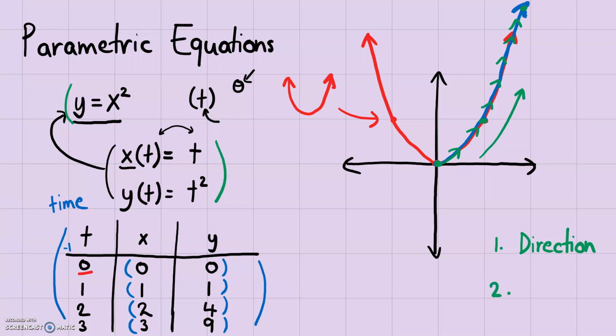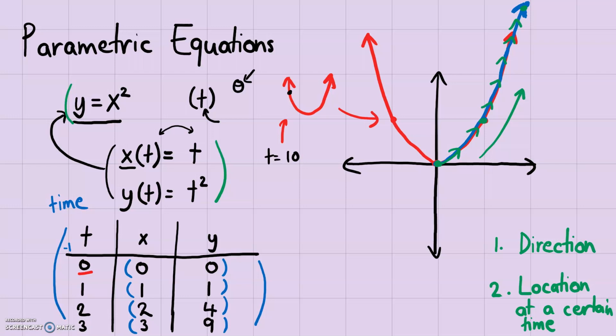And another thing that we can know with a parametric equation is the location at a certain time. If we just had this parabola here, we had no idea, for example, if the object is modeled with this parabola, where the object is when, let's say, t equals 10.